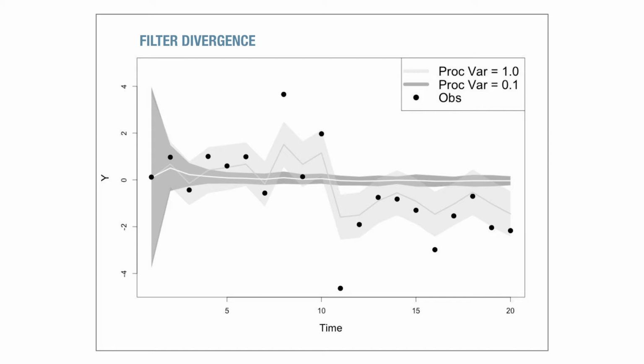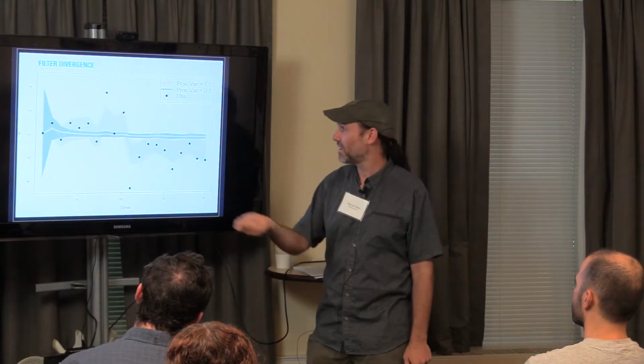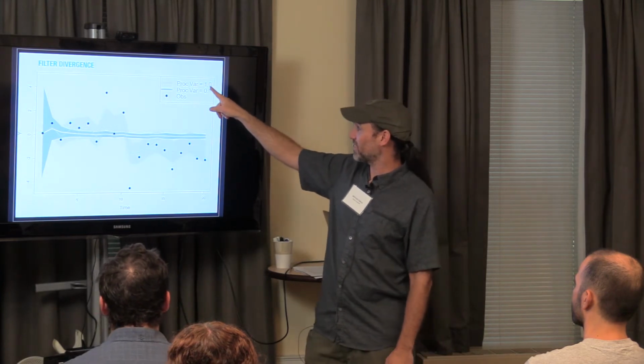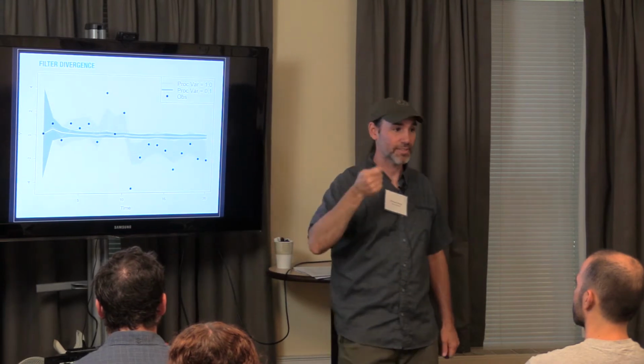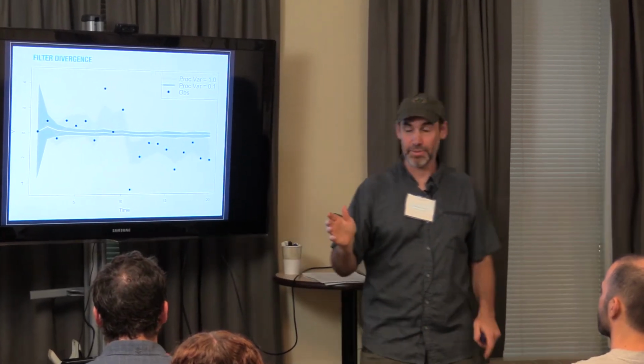I am assimilating the same observations, but what's different between these 2 variants is what I've assumed about that process error. And remember, in the standard Kalman filter variants, you have to assume that process error. In one case, I said the process error is fairly high, and the other one I said it's fairly low. So the model doesn't have much unexplained variability in it.